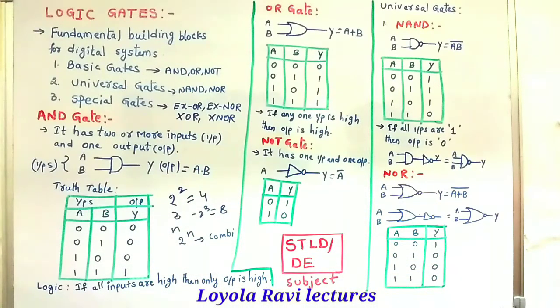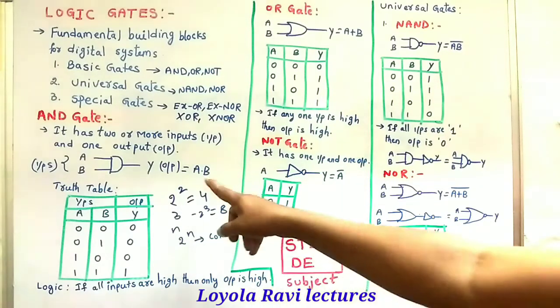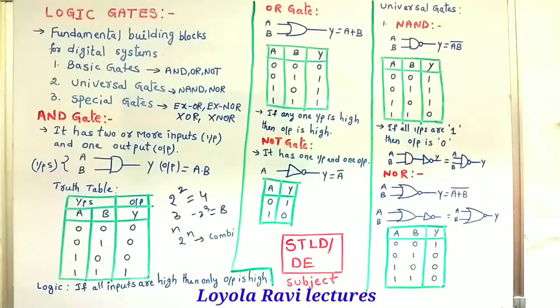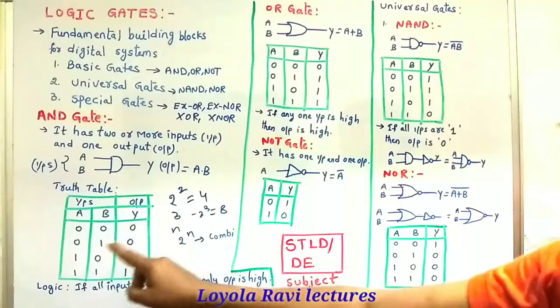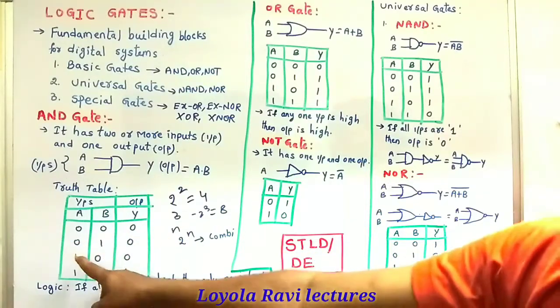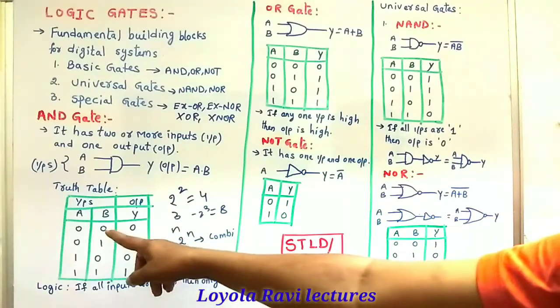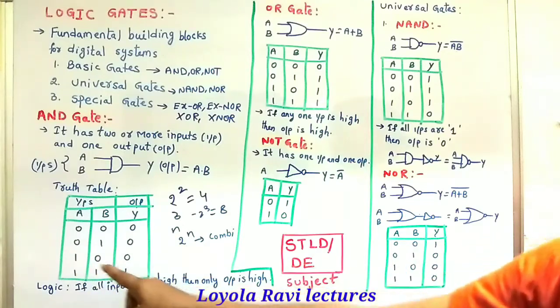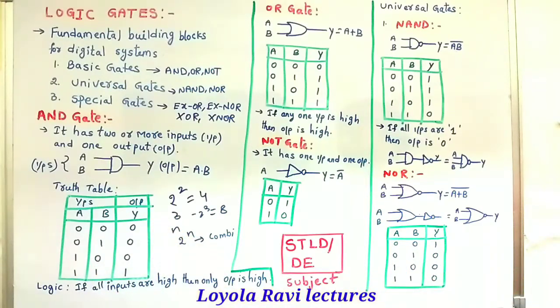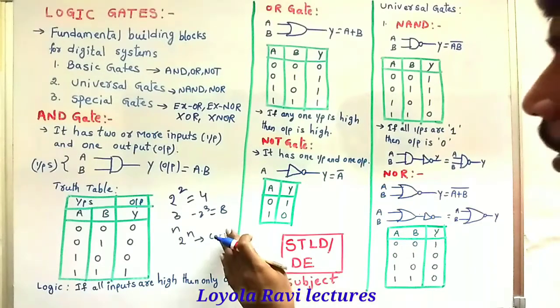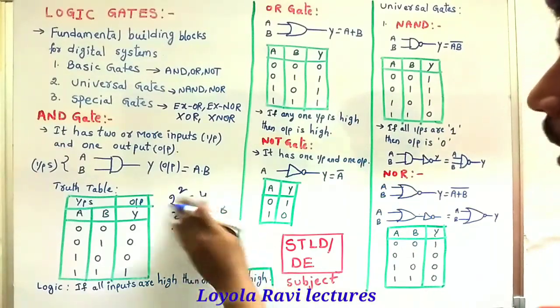Here we do the normal product operation, a logical operation. 0 into 0 is 0, 0 into 1 is 0, 1 into 0 is 0, 1 into 1 is 1. Normal multiplication only. So for 1 case only we are getting high, and in all remaining cases we are getting 0.